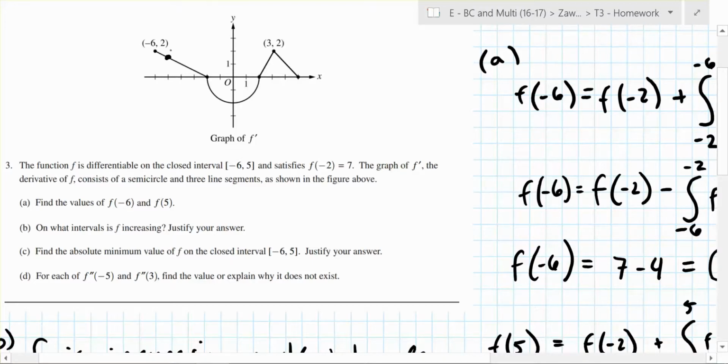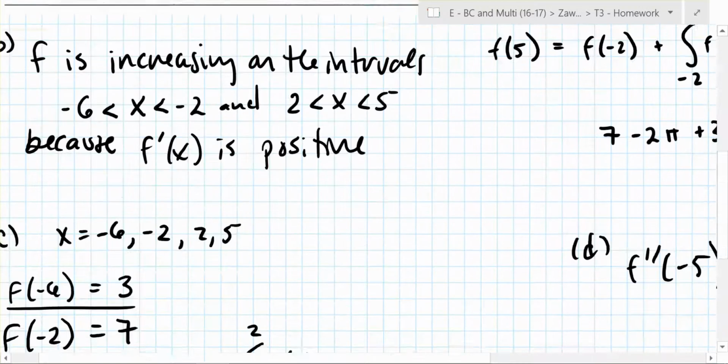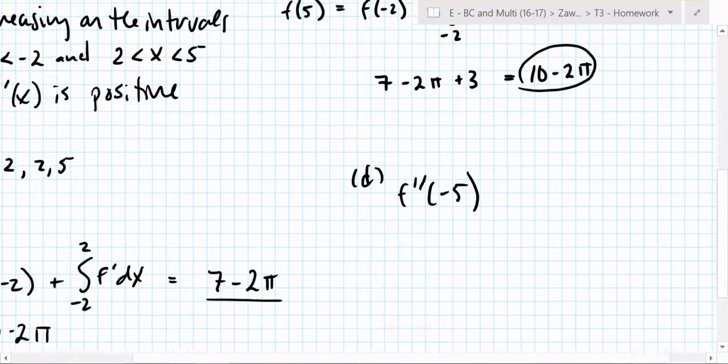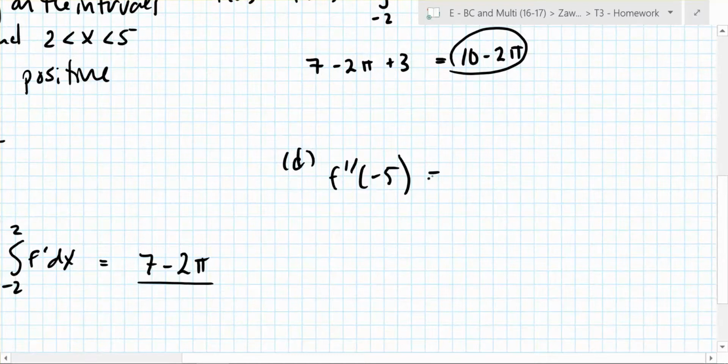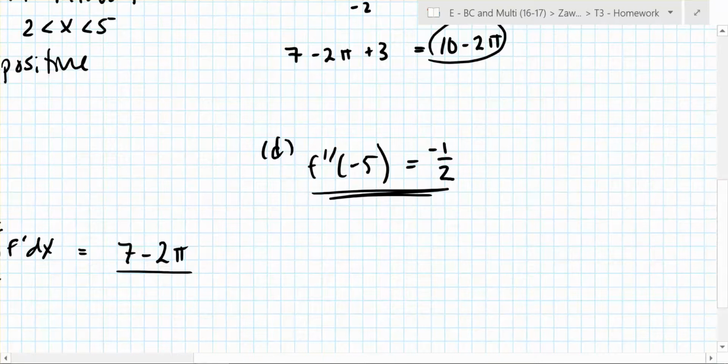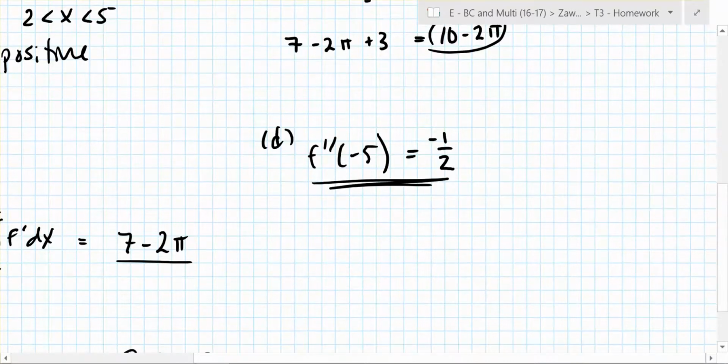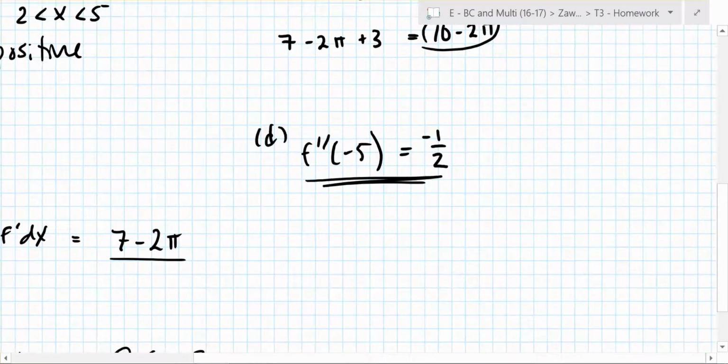And so we can see that this segment of the line is going to run 4 and rise 2, or it's going to be a negative slope, so it's going to be a -2/4 slope, which is just -1/2. So f double prime of -5 is going to be equal to -1/2 because we can just look at the slope of f prime of x. So we took the derivative of f prime of x at -5, and that equals -1/2.